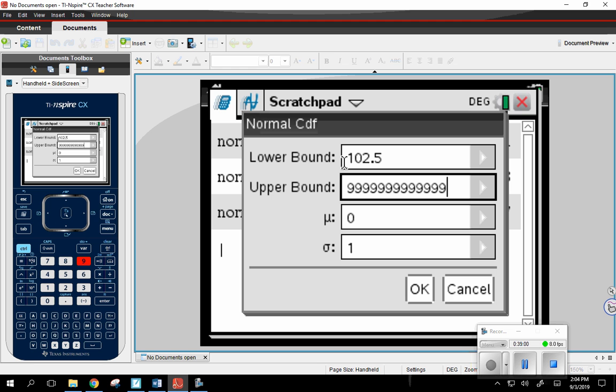Just put in a ton of 9s for the upper, just like you had a ridiculously small decimal for the lower. Okay? So no matter what, you have to have an upper and a lower put in. If you're only given one, you'll either leave the lower or put in just a ton of 9s for the upper. Okay, then we still have a mean of 95 with a standard deviation of 8.